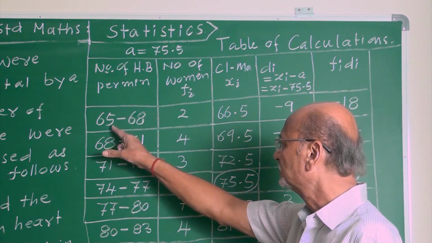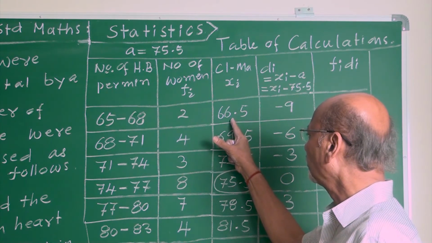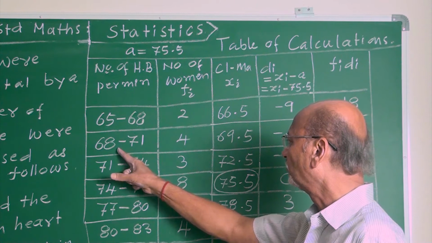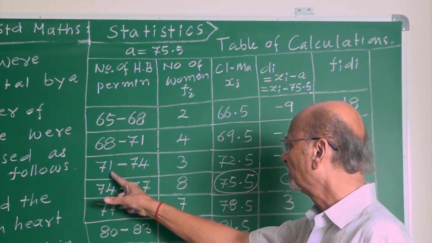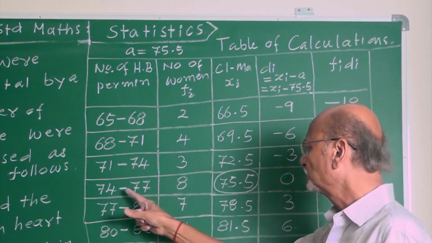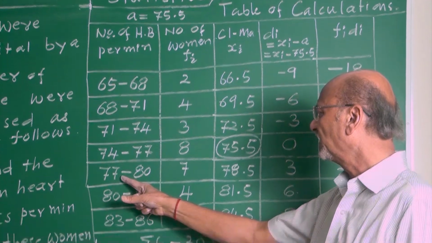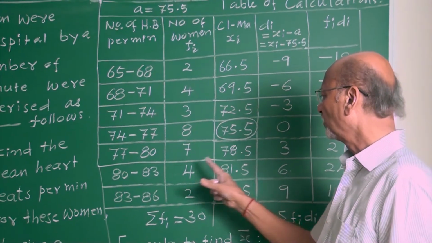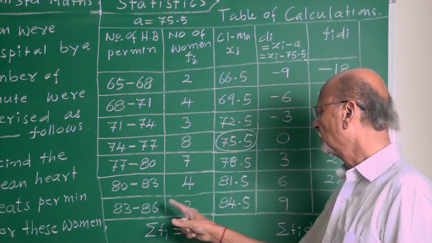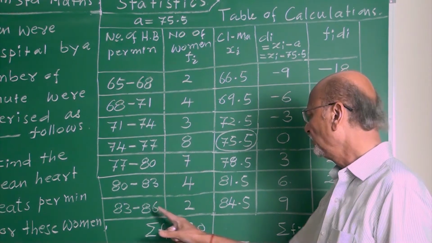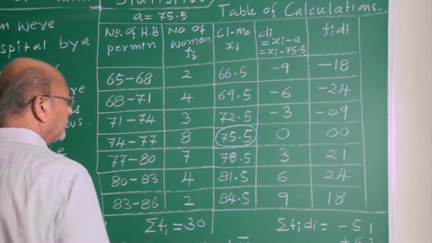Add to this. 65 plus 1.5. 66.5 plus 1.5. 69.5 plus 1.5. 72.5 plus 1.5. 75.5 plus 1.5. 78.5 plus 1.5. 81.5 plus 1.5. 84.5. These are the values of Xi, my friends.